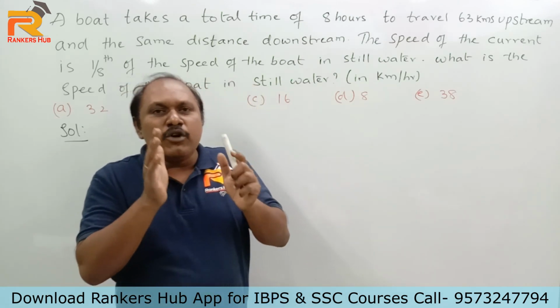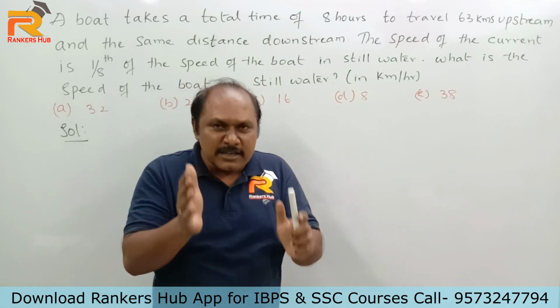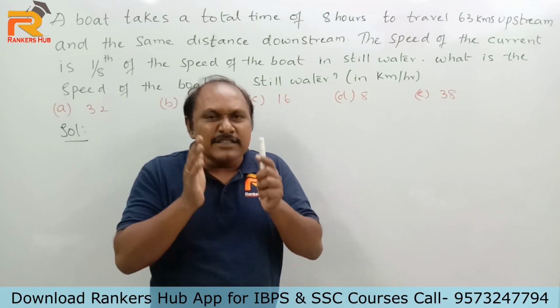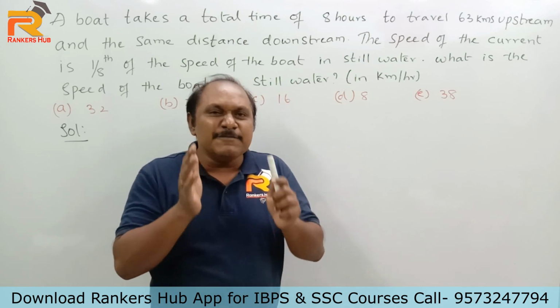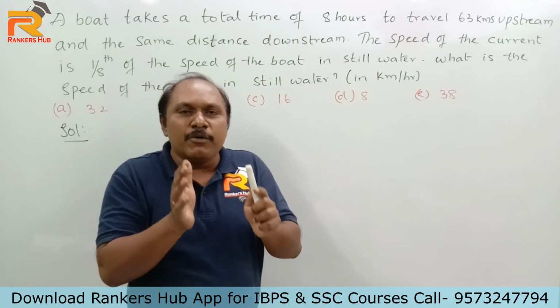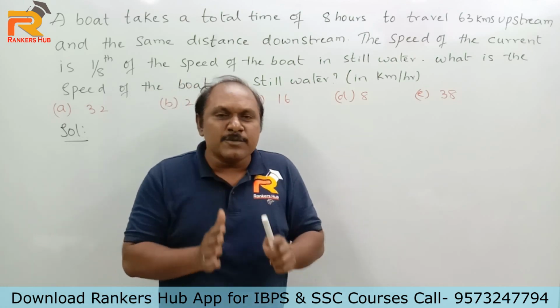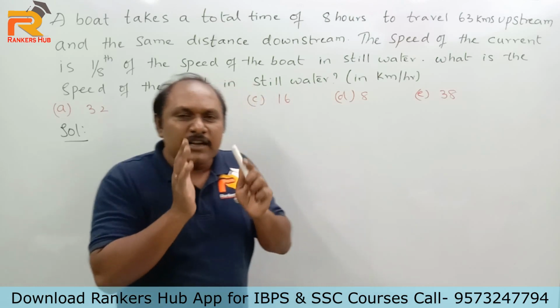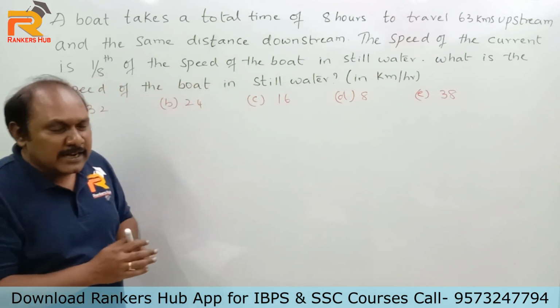If the speed of the boat in still water is x kilometers per hour and the speed of the stream or current is y kilometers per hour, then the speed of the boat upstream will be x minus y and the speed of the boat downstream will be x plus y. This is the basic idea you should have to answer questions based on boats and streams.